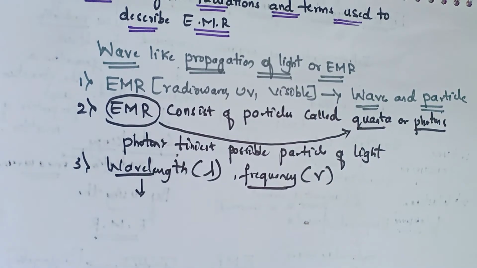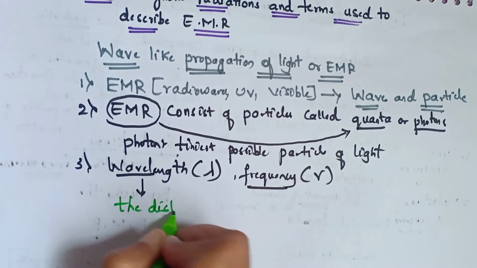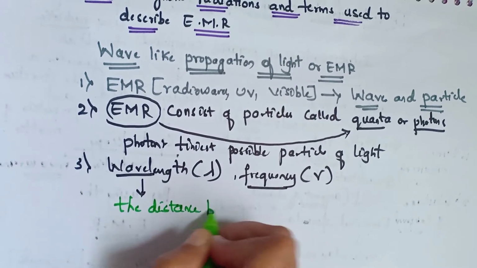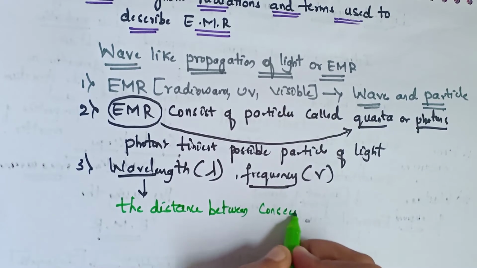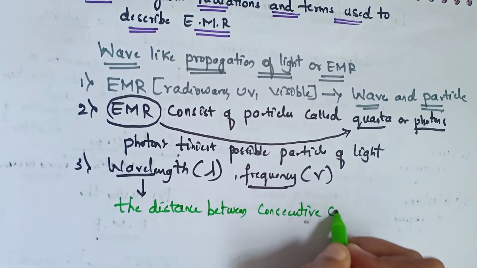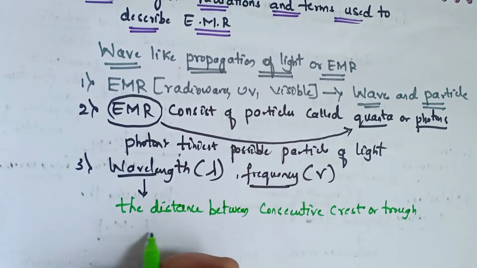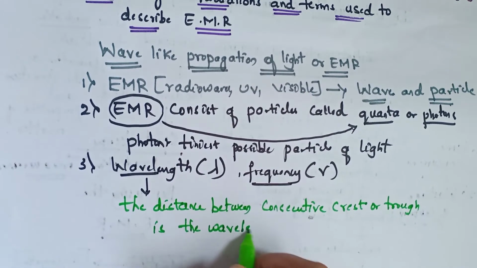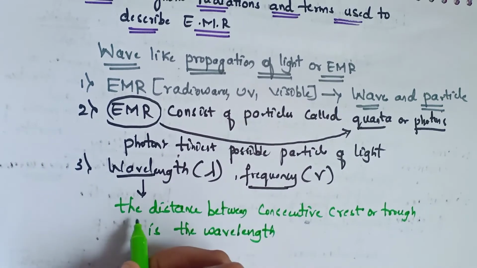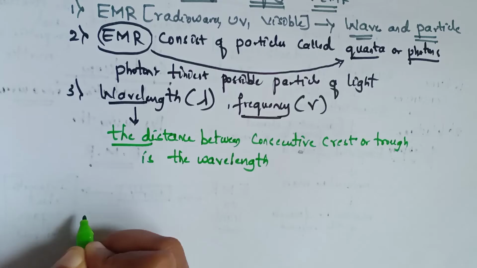The wavelength is defined as the distance between consecutive crest or trough. See here, the distance between the consecutive crest or trough is the wavelength.